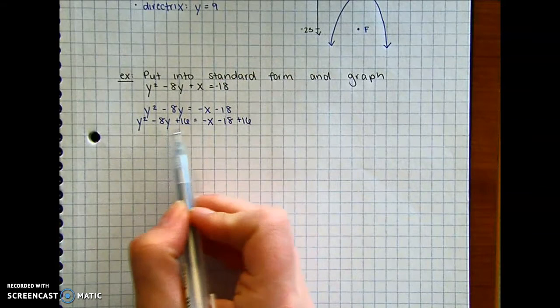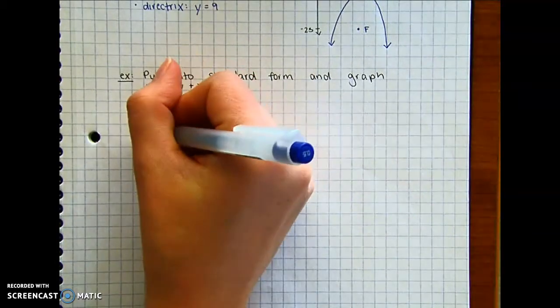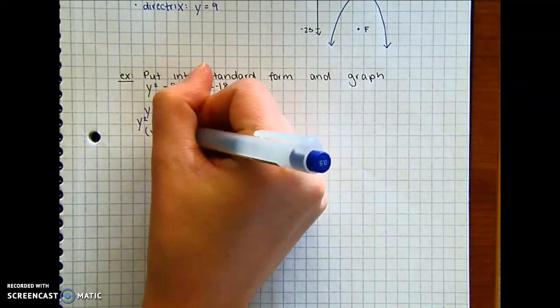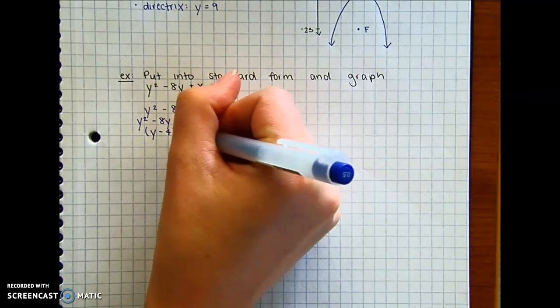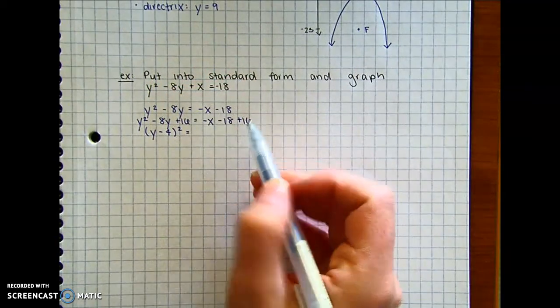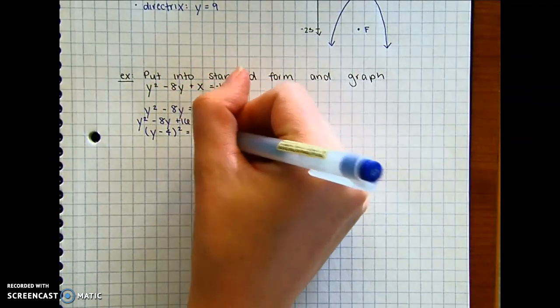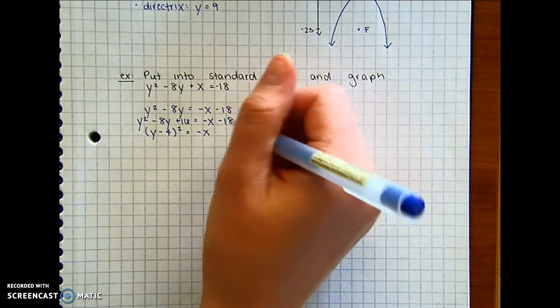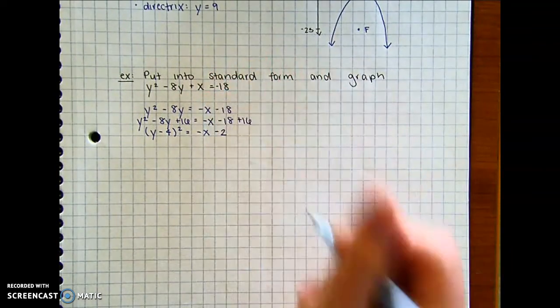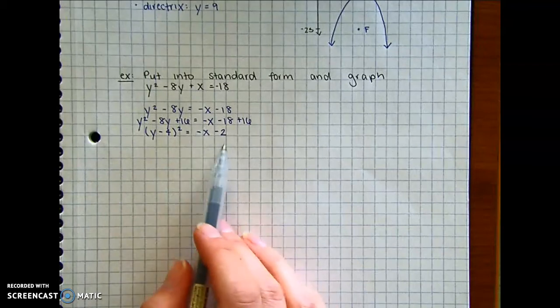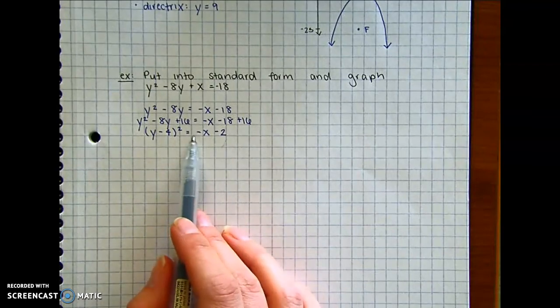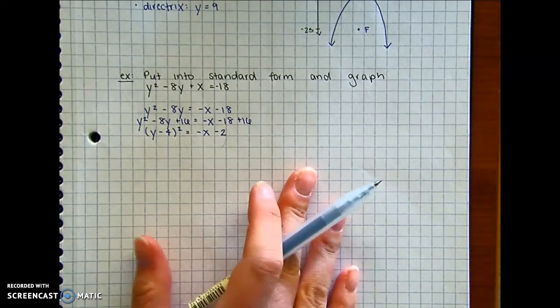So now on the left side, we're going to factor this, and we get y minus 4 squared. And then on the right side, we want to combine terms. So negative x and negative 18 plus 16 is negative 2. Now we're not quite there because we need to factor out what is going to end up being our p-value.